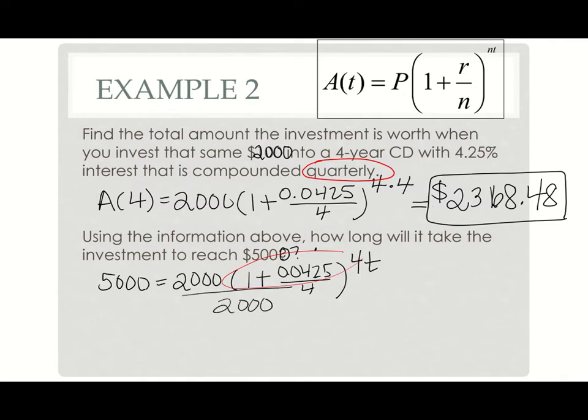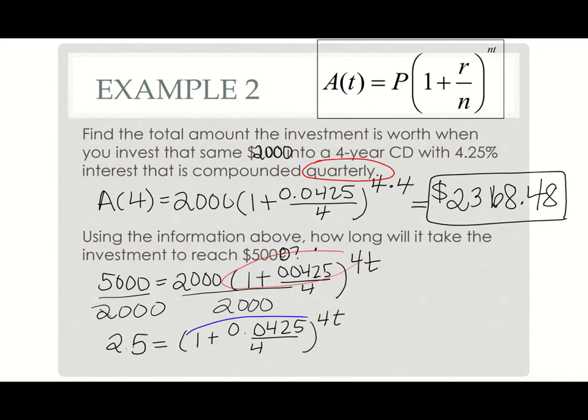When I divide by 2,000 on both sides, I get 2.5 equals 1 plus 0.0425 divided by 4 raised to the 4t. Well, this right here is my multiplier. It's the base of my exponential.